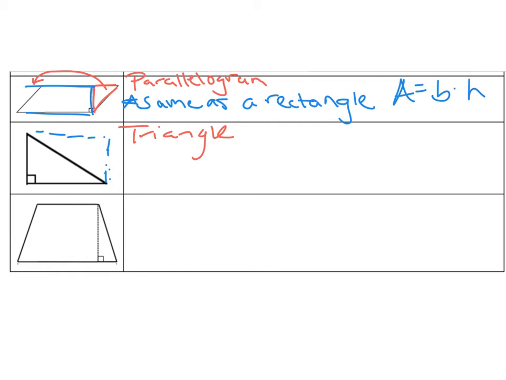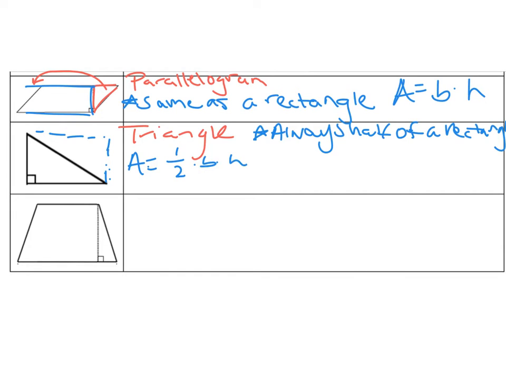So what that means is we're going to take our triangle, and let's make sure that we write down that it's always half of a rectangle. So then we can take our formula and say that area is half of the base times the height, or the base times height divided by 2.